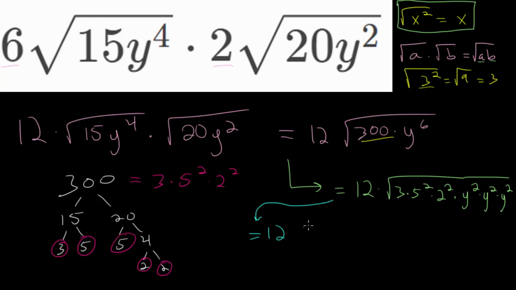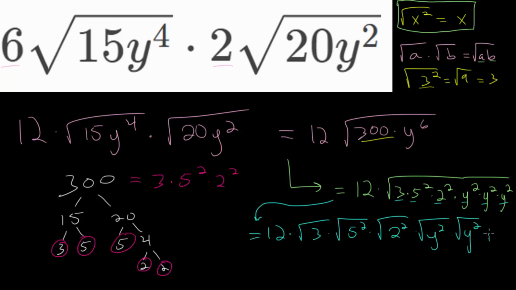But let's write it more explicitly, just so that we can see the pattern. We're multiplying all of these factors, so they will all get their own square roots multiplied together. We have root 3 multiplied by the square root of 5 squared multiplied by the square root of 2 squared, and then we have the square root of y squared times the square root of y squared times the square root of y squared.